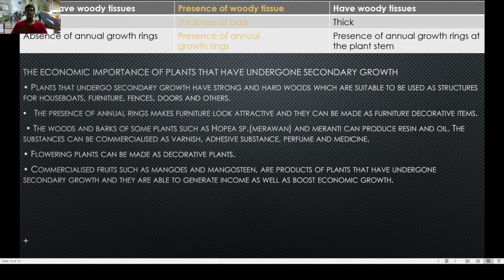Flowering plants can be made as decorative plants as well. Commercialized fruits such as mangoes and mangosteen are the products of plants that have undergone secondary growth, and they are able to generate income as well as boost economic growth.